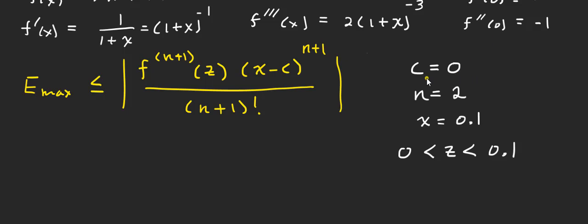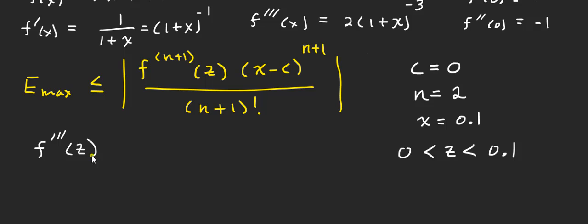We know that the center is at 0, and n turns out to be 2 because we went up to second degree of the polynomial, and x is at 0.1, and z is a number between the center and x value. So z is any number between 0 and 0.1 that will give you the maximum value of this. That means we need to find the maximum value of the third derivative of f of z.